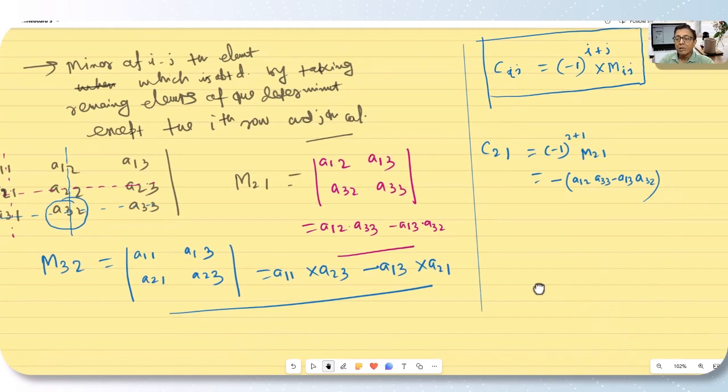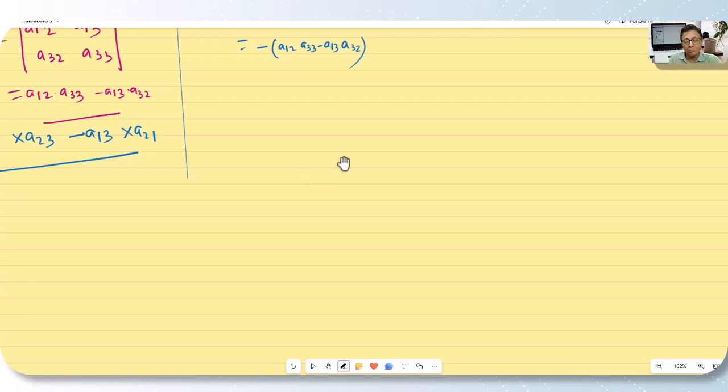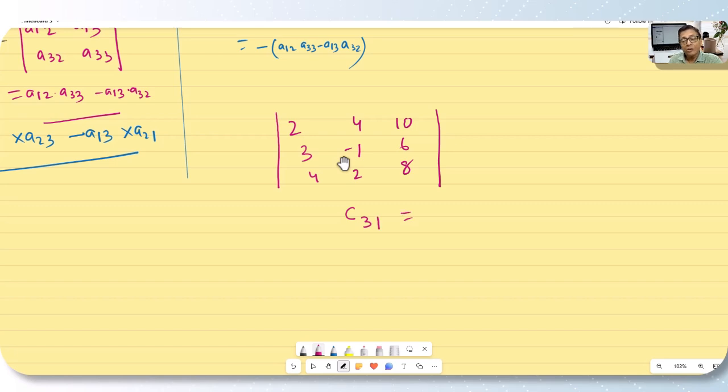Now let us do one numerical problem here, taking the determinant in this manner: 2, 4, 10, 3, minus 1, 6, 4, 2, 8. We want to write, say, C31. This will be minus 1 to the power 3 plus 1 M31.